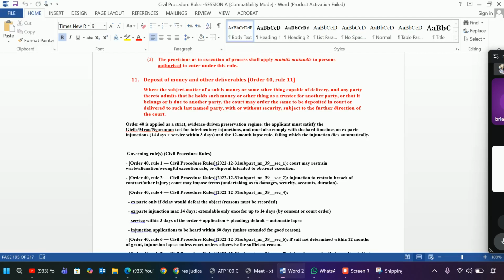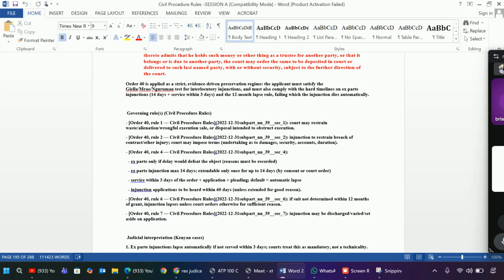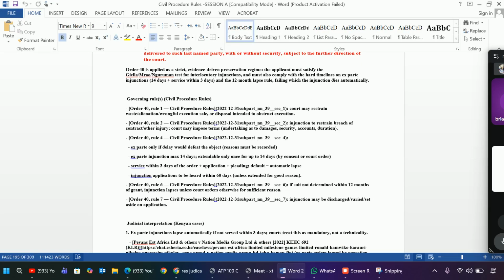This is why we have 14 days plus service within 3 days and the 12-month lapse rule, failing which the injunction dies automatically. So generally Order 40 Rule 1 provides that the court may restrain waste or alienation and wrongful execution or sale or disposal intended to obstruct execution.